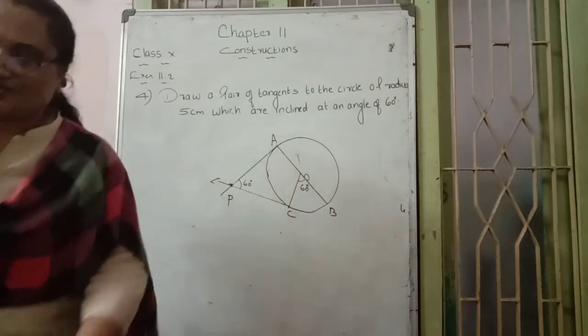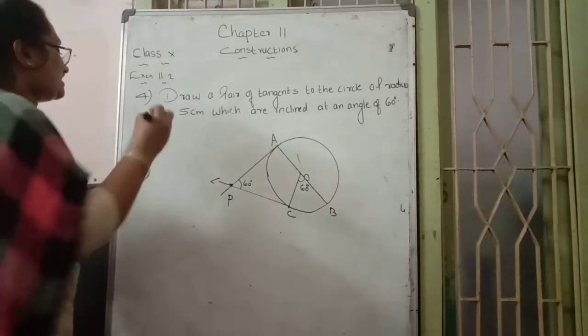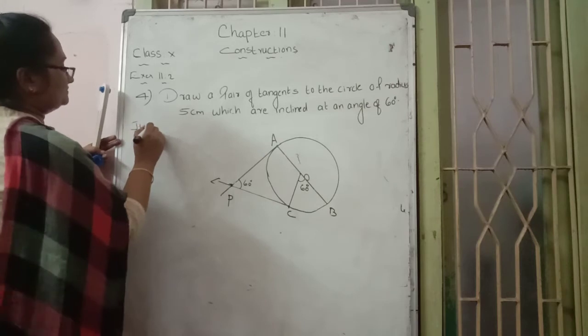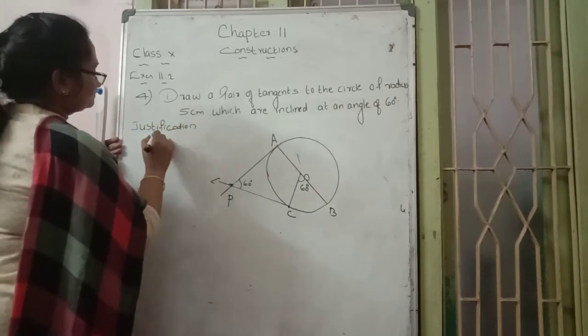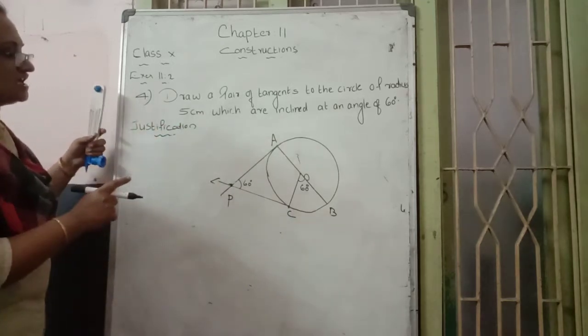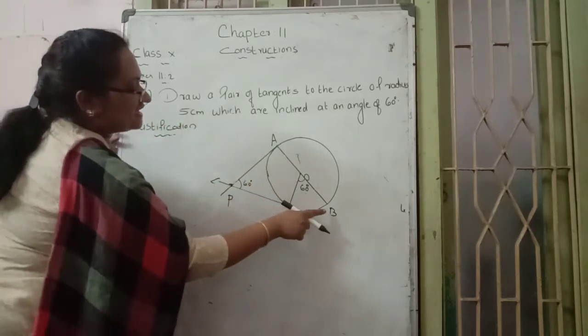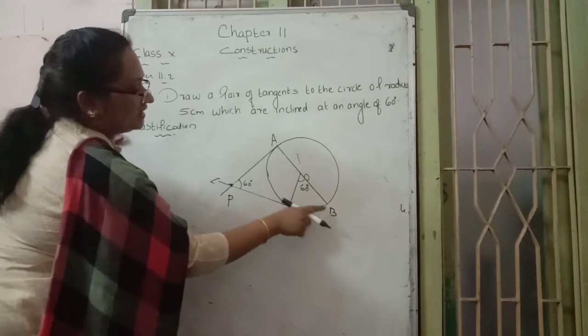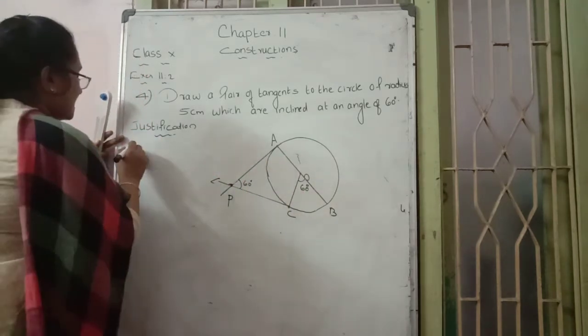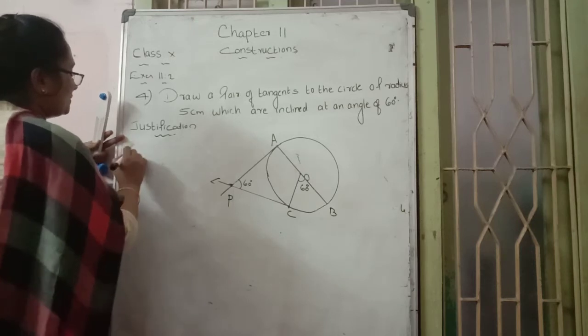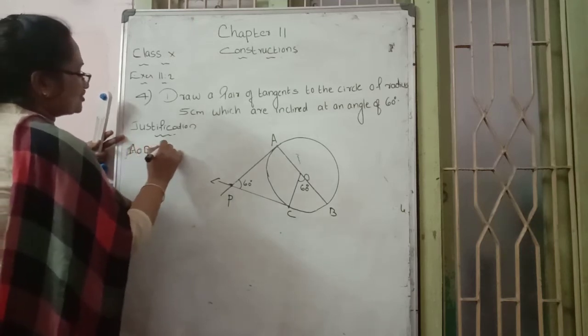Then, how to do the justification? In the justification, first, see, angle AOB is how much? AOB is a straight line.